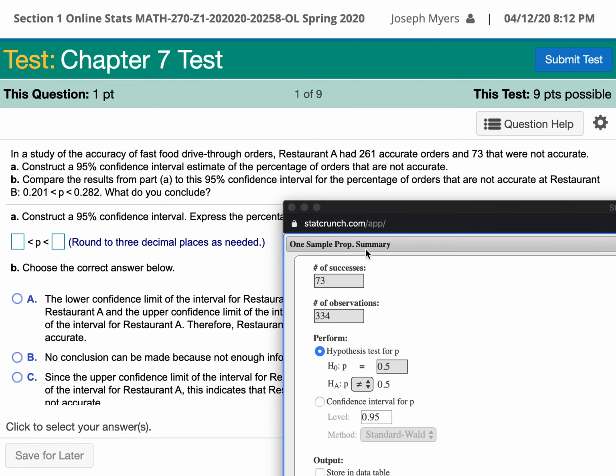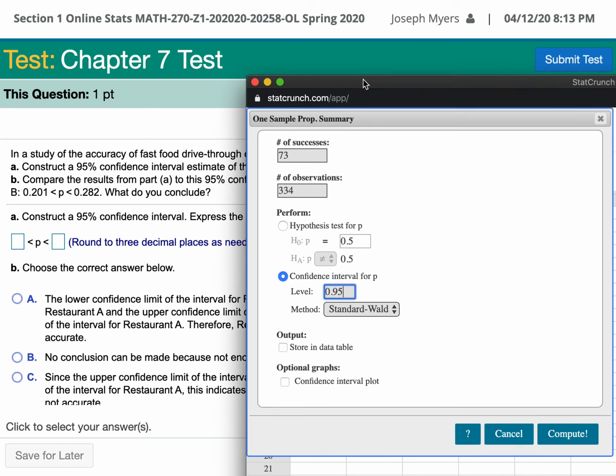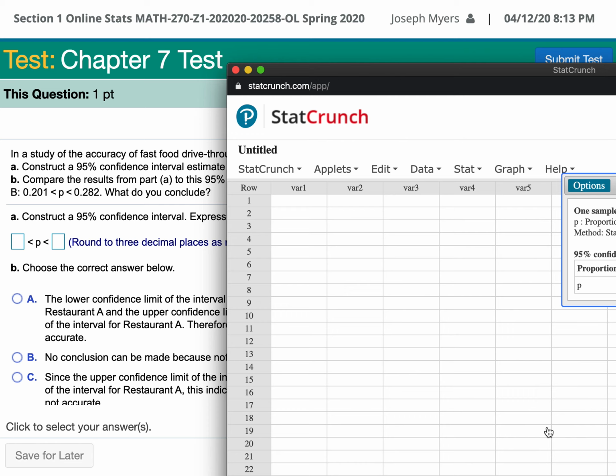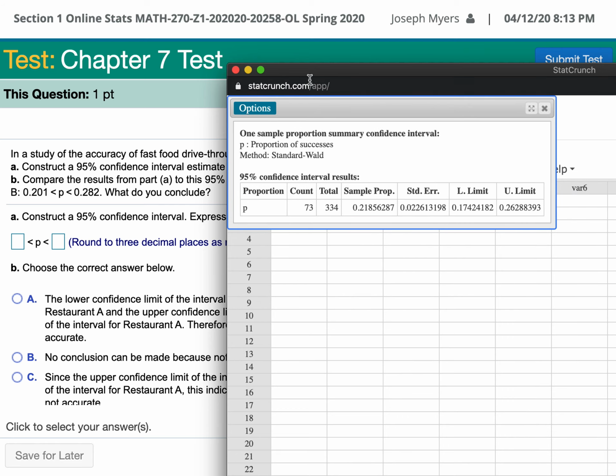And now you want to click on confidence interval, so you choose that option. And you want to make it be 95% confidence. So this is good, 95% confidence. And then you want to click compute. And then this is your result.